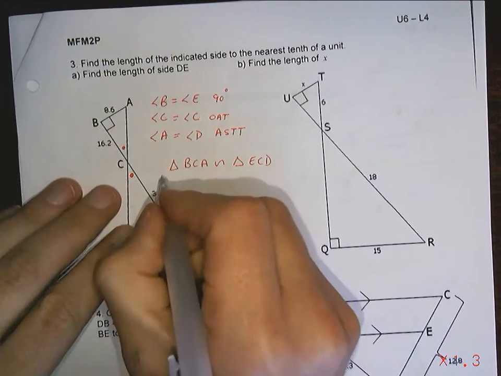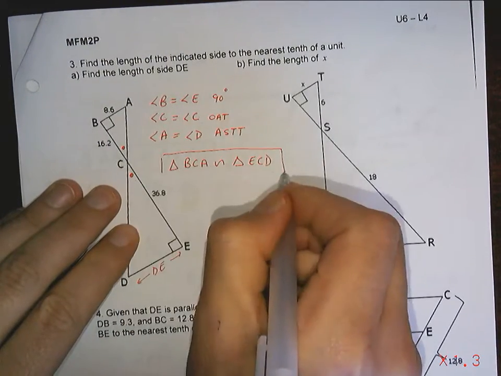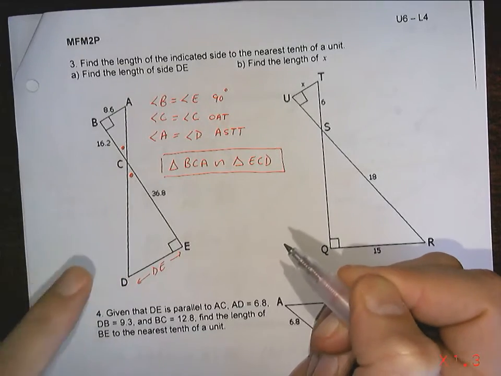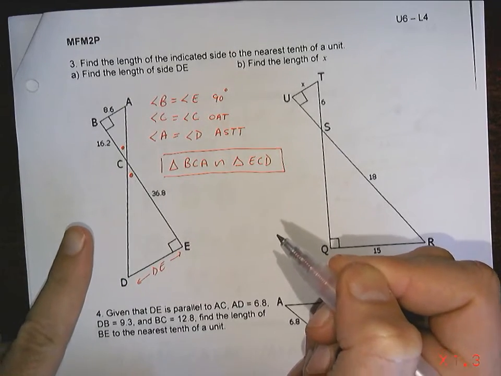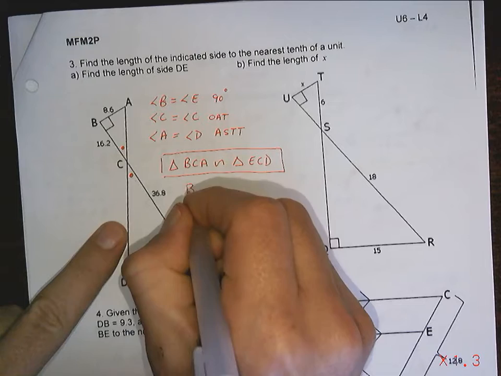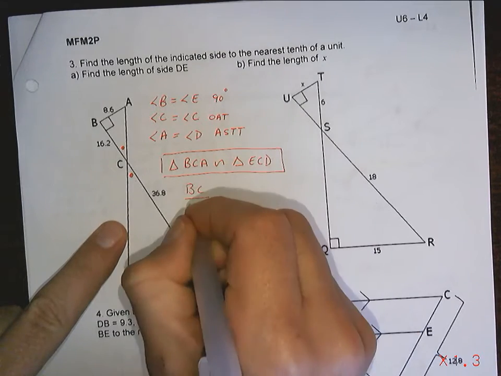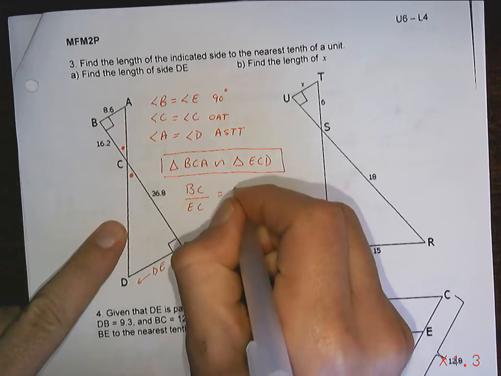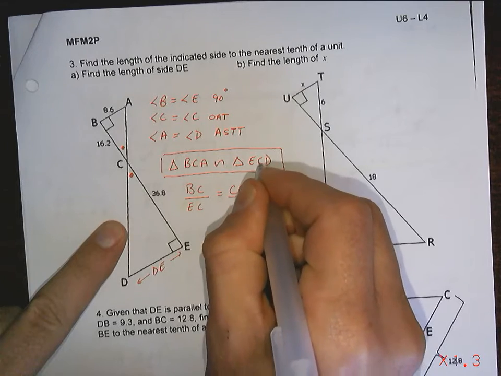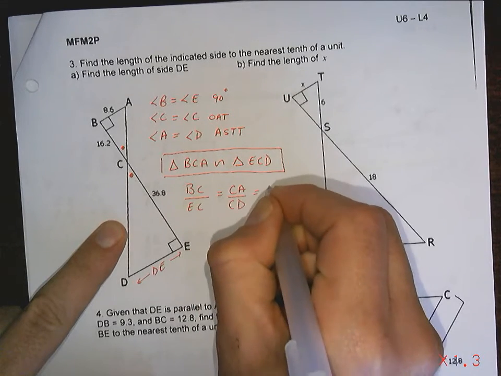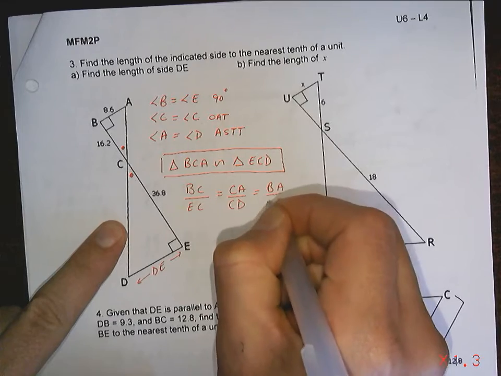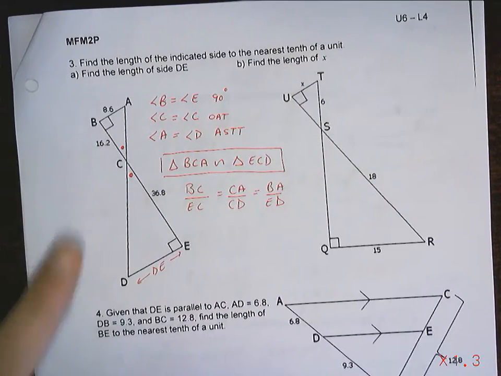Now, why is it important that they are similar? Because now I know that BC over EC must equal CA over CD must equal BA over ED. It has to. That's what happens with similar triangles.